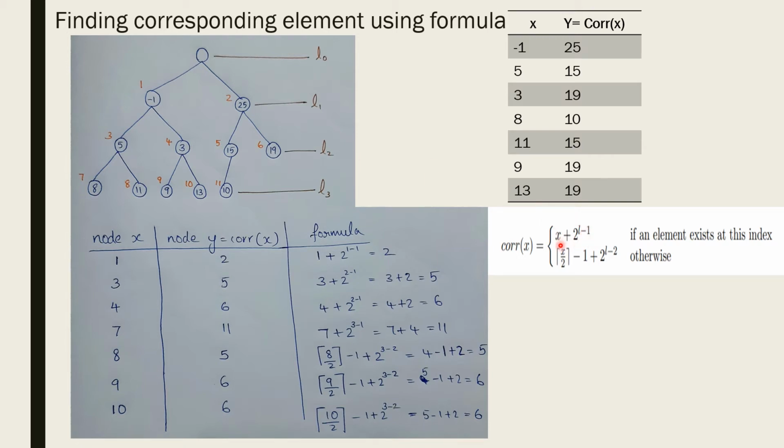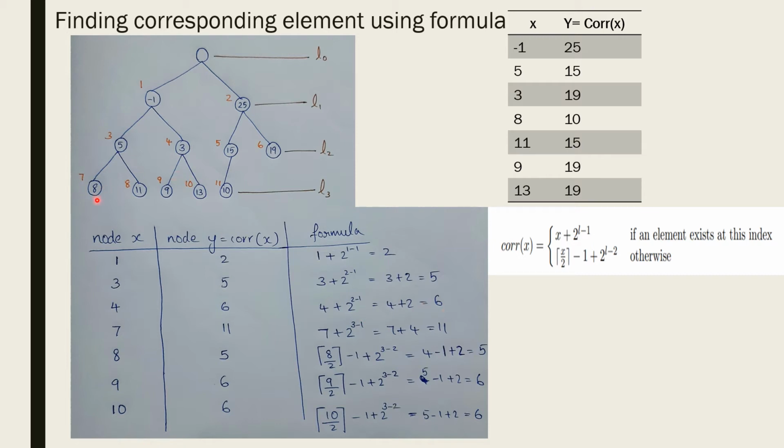The third node is in level 2, so 3 plus 2 power 2 minus 1, that will become 3 plus 4, which is 5. We got the correct answer. Now coming to the fourth node, the x value is 4 plus 2 power, that's also in level 2, 2 power 2 minus 1, so 4 plus 2 is 6.